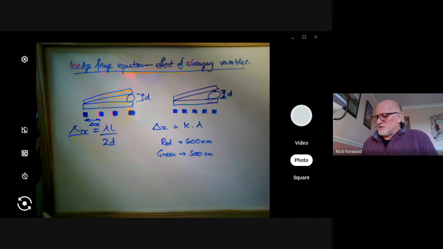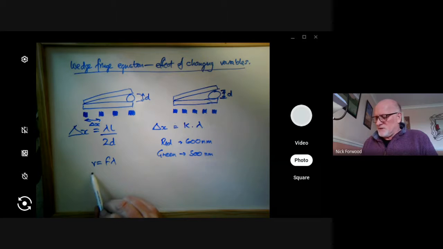Okay, that's your second option, what happens when the wavelength changes. We've looked at what happens when the thickness changes, and now what happens when the wavelength changes. What happens when the frequency of the light changes? Well, you probably remember that wavelength and frequency are back to front, they're inverse, because we've got v equals f lambda.